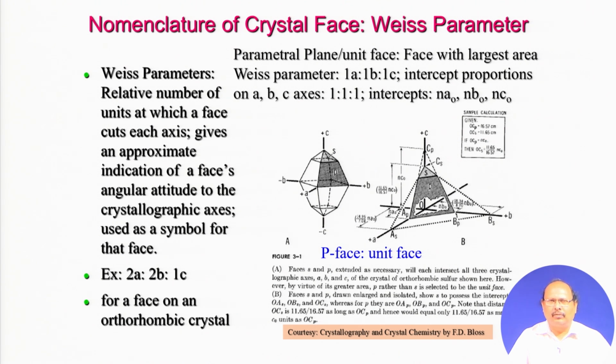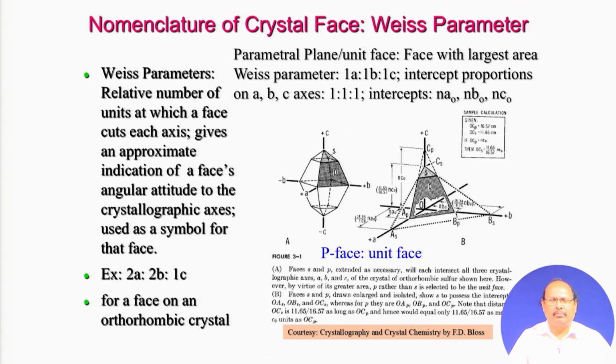To do this, one needs to think of a unit phase, which is also called a parametral plane. In crystallography, a unit phase or parametral plane is considered as that phase which has the largest area, and it is assumed that the unit phase has the Weiss parameter symbol 1A : 1B : 1C.